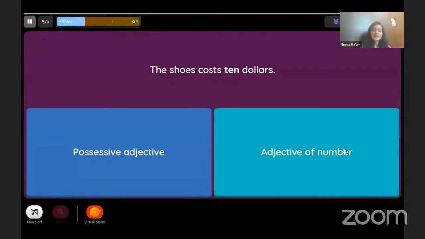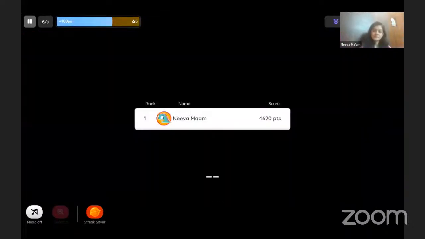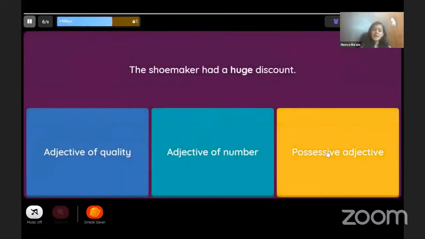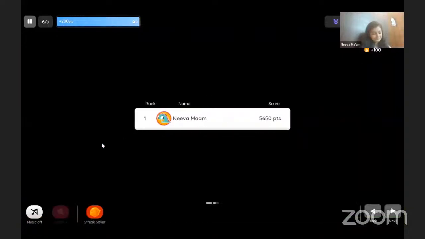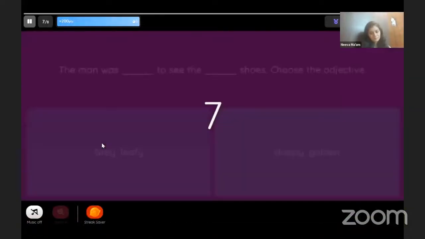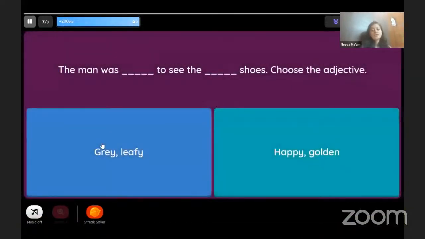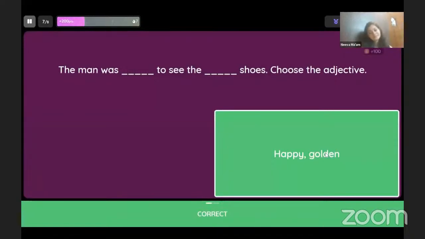The shoes cost $10. The shoemaker had a huge discount. Adjective of number? No. Quality. The man was happy to see the golden shoes.